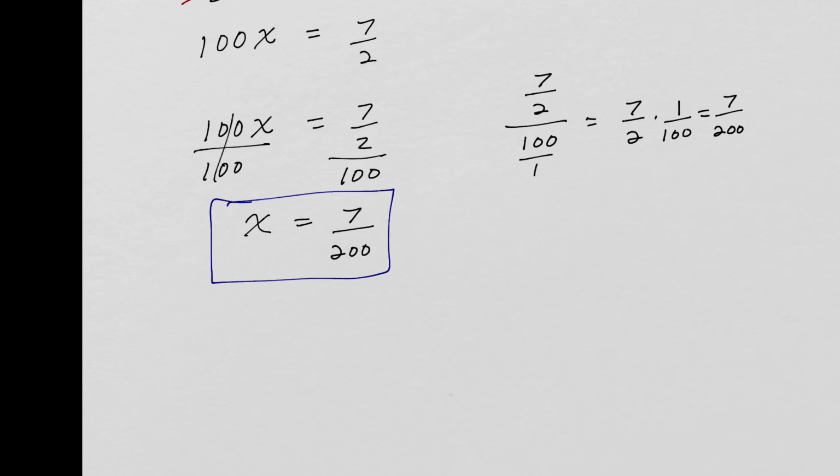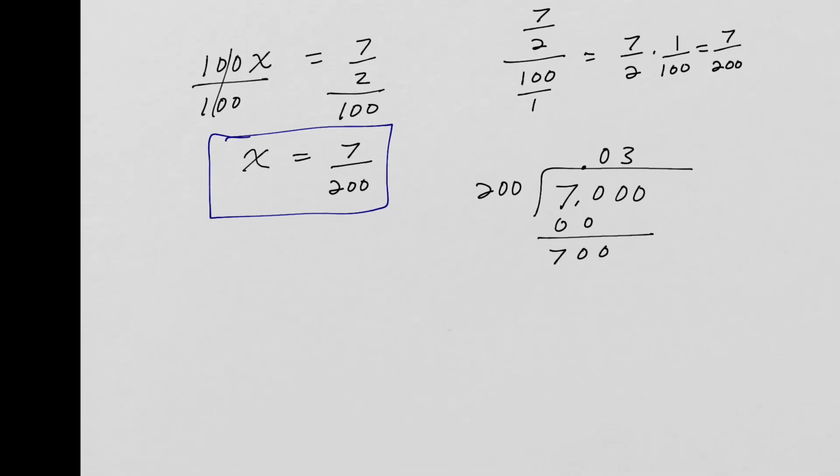Now, if for some reason you wanted your answer as a decimal, you could just convert that fraction into a decimal. You could divide this out. If you do 7 divided by 200, I have to put a bunch of zeros in there. So 200 goes into 70 0 times. I would subtract, bring down the next digit, 0. 200 goes into 700 3 times. So this would be 600.